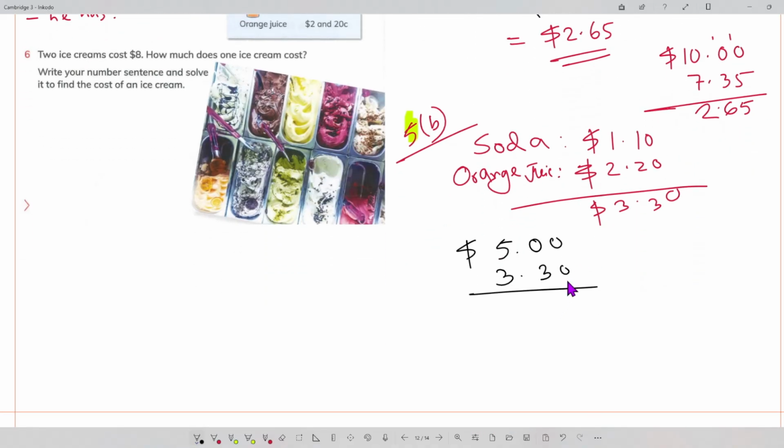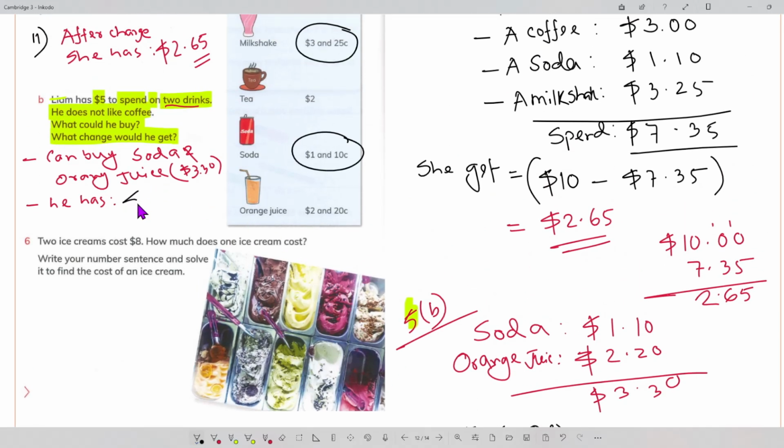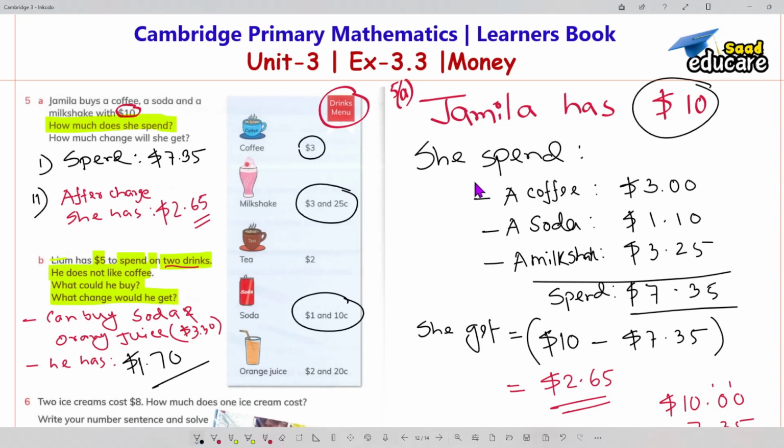So 5 minus 3.30 is $1.70. So I should stop here because too much learning is not good for education.